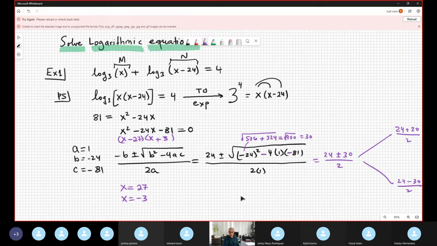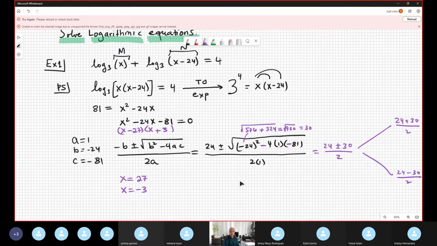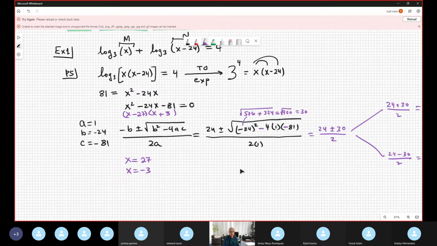So can I believe that both solutions are okay? No. I need to verify, checking is mandatory, and in a logarithmic equation, mandatory verification in the original equation. Verification of 27 in the original equation.